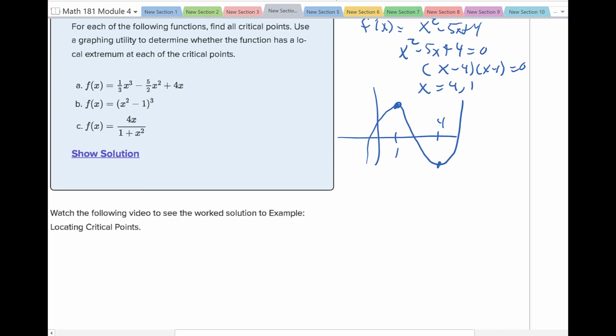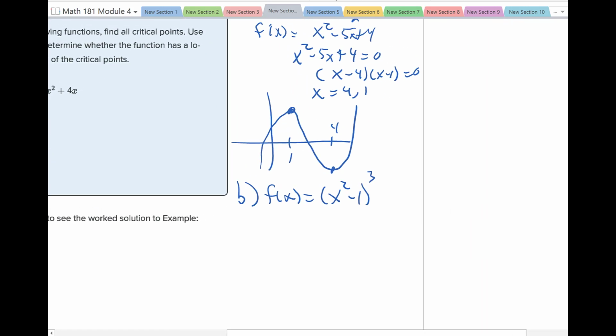Okay, for B, we have f of x equals x squared minus 1 quantity cubed. So if we take the derivative, we end up with 3 times x squared minus 1 squared times the derivative of what's inside, which is 2x.